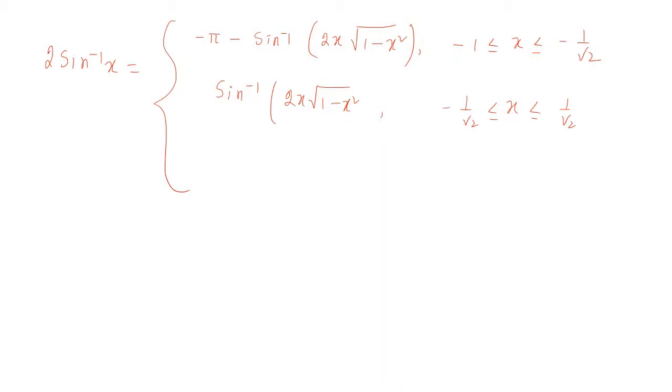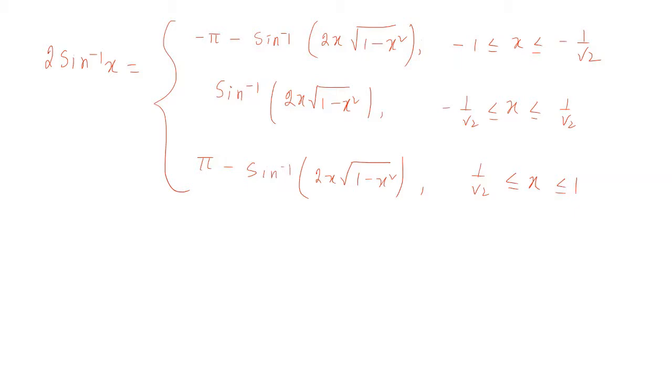And lastly I got the result as pi minus sine inverse of twice x into root over 1 minus x square, and the condition was this time 1 upon root 2 less than or equal to x and less than or equal to 1. So this is the proof of this relation.